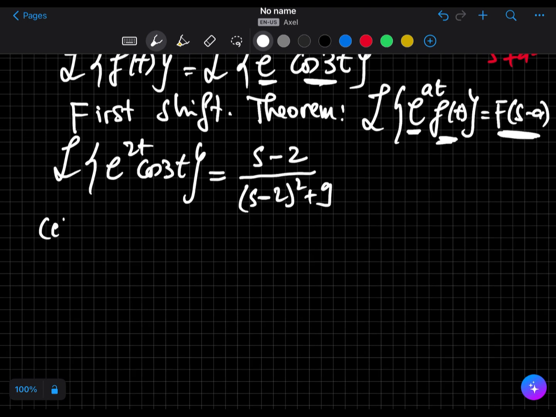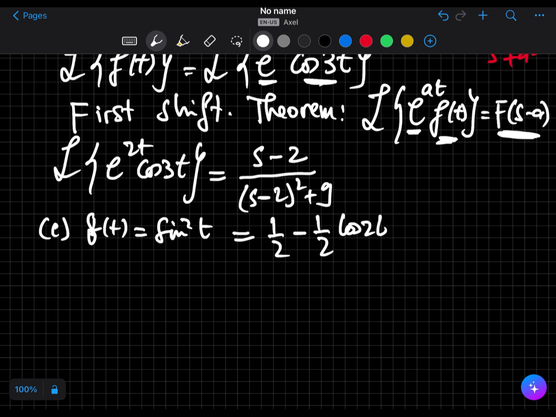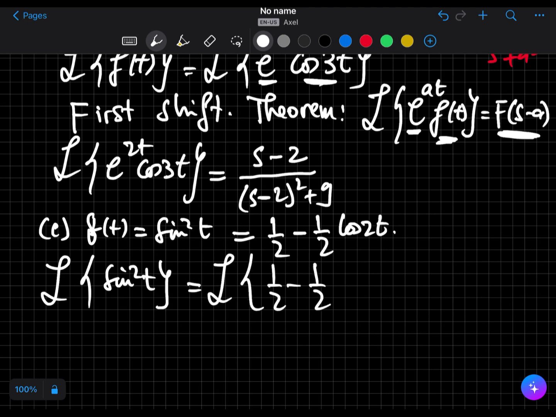So that's the case. Let's have a look at the third, where f of t is equal to sine squared t. Here we can use a trigonometric identity to have that it is equal to half minus half cos 2t. Therefore, the Laplace transform of sine squared t equals the Laplace transform of half minus half cos 2t.